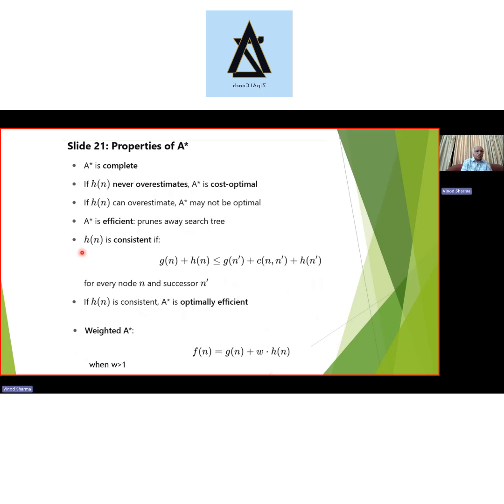If Hn, the estimates, are satisfying this constraint, Gn plus Hn, where Gn is the cost from A to N, and Hn is the estimated cost from N to goal.